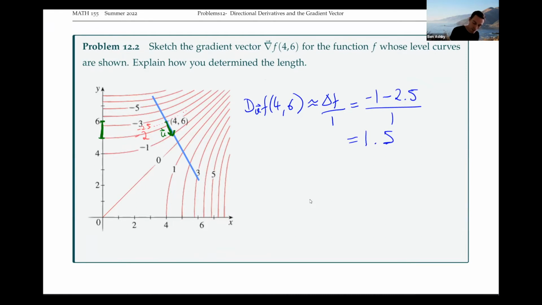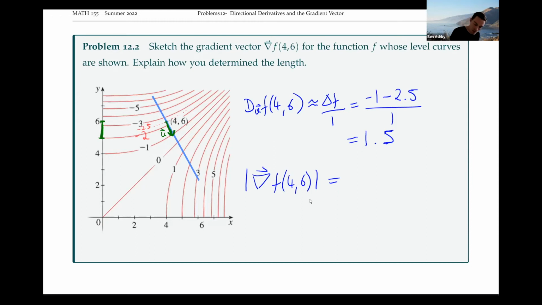So that's saying that every step that we take in the direction of u, at that point, our function increases by 1.5. And then to work out the length of our gradient vector, we just work out the length as we would for any other vector. In this case, we know that our u points in the same direction as our gradient vector, because that's what we wanted in the first place.